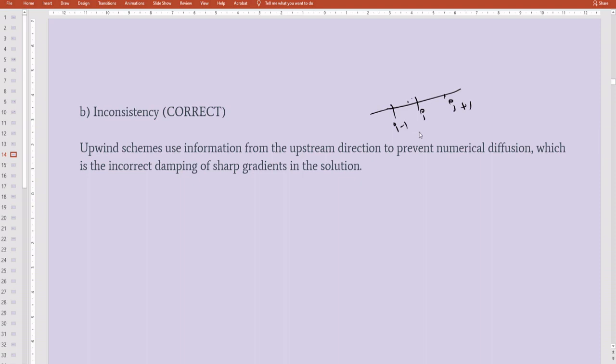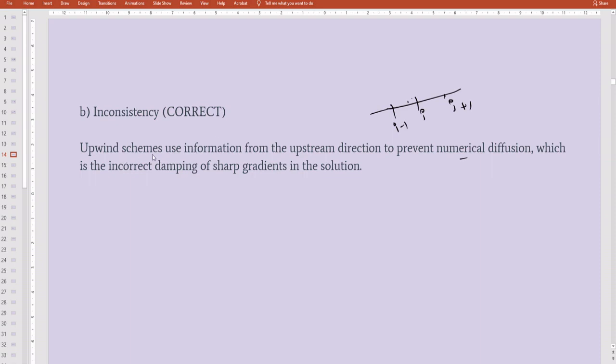When the discretized equation has terms from both the front and back side, this can cause something called numerical diffusion. This numerical diffusion can be eliminated by using one-sided or one-directional formulas.